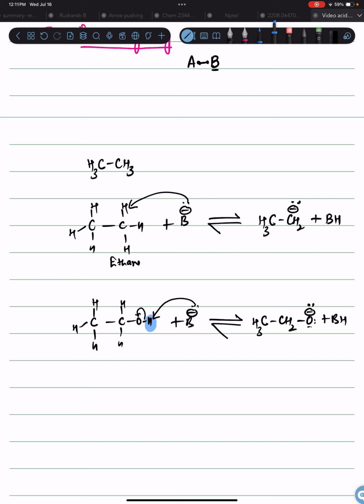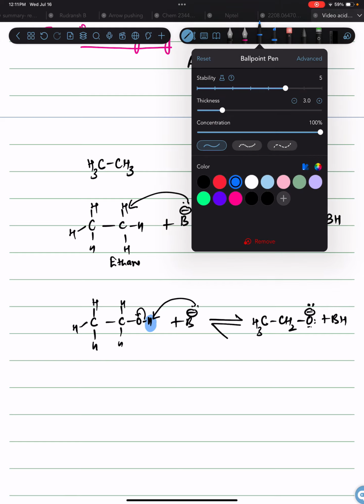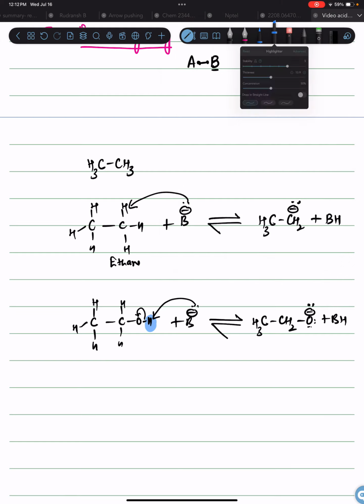It is because this proton is connected to oxygen, an electronegative atom, which means oxygen's tendency to withdraw the electron pair towards itself is more than for any other proton.